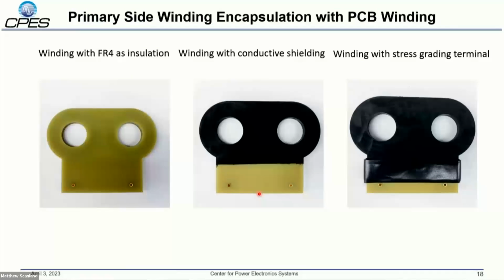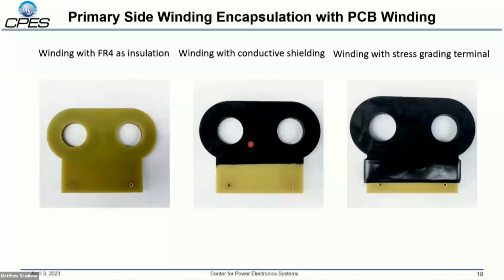Next, I will talk about the fabrication process and some experimental results. As we can see, compared with the Litz-based transformer, how easy this fabrication can be. We can easily get this winding with FR4 as the insulation from our vendor. And we simply add another 2 FR4 insulation layers on the top and bottom of this transformer encapsulation.